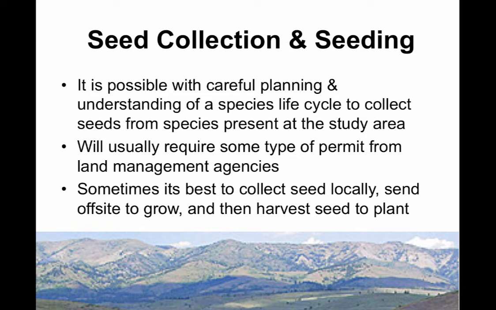that are going to be important for germination and establishment. So, usually we'll require some type of permit from a land management agency if you're going to go out on Forest Service land or BLM land and collect seed to use as part of your restoration plan.